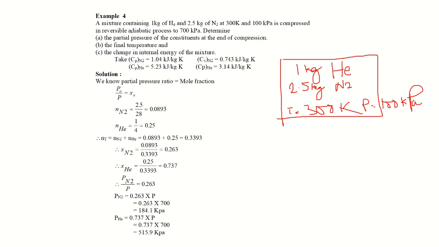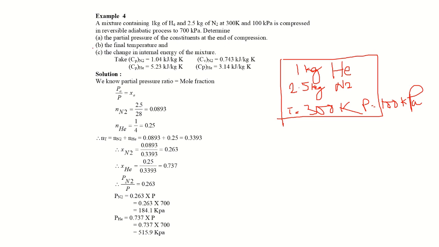It is compressed in a reversible adiabatic process, meaning reversible adiabatic, entropy is constant, to 700 kilopascal. These are the initial conditions, and you compress it, you will get the pressure to 700 kilopascal. Determine the partial pressure of the constituents at the end of compression. Partial pressure you have to find out.